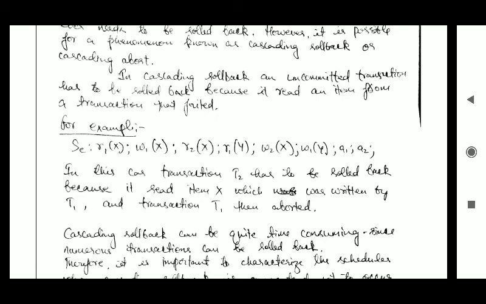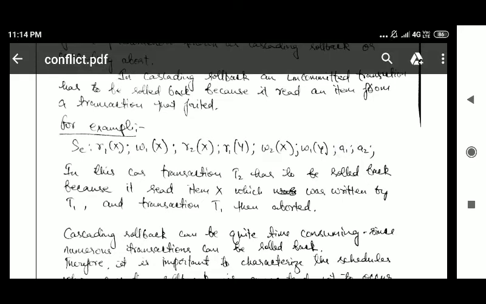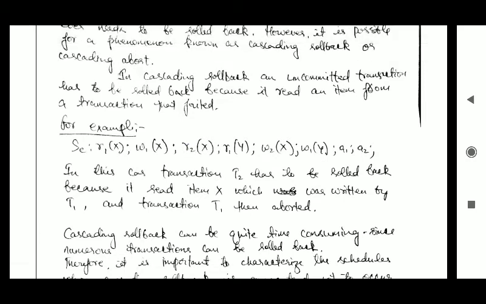And then here you can see this A1. It means that transaction T1 has been aborted. Here you can see R2X, the third operation.